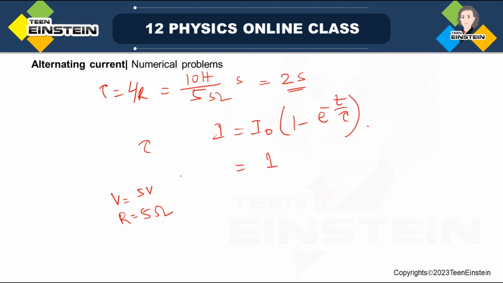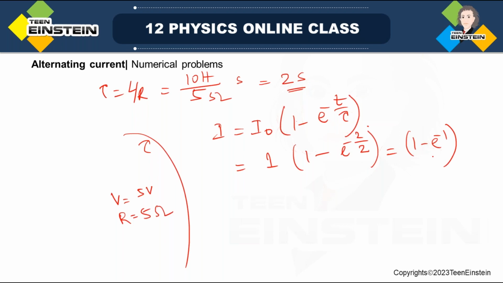Then I is 1 minus e to the power minus t by tau, where t is 2 seconds and tau is also 2. So we get 1 minus e to the power minus 1. So option A is the correct answer for this question.